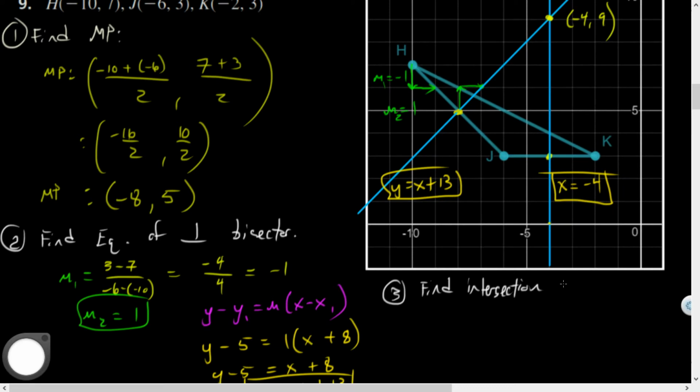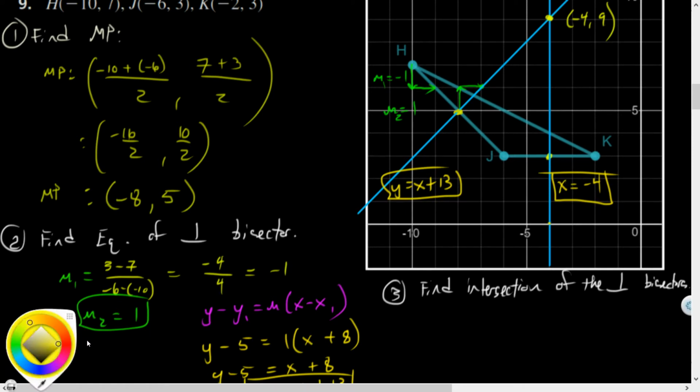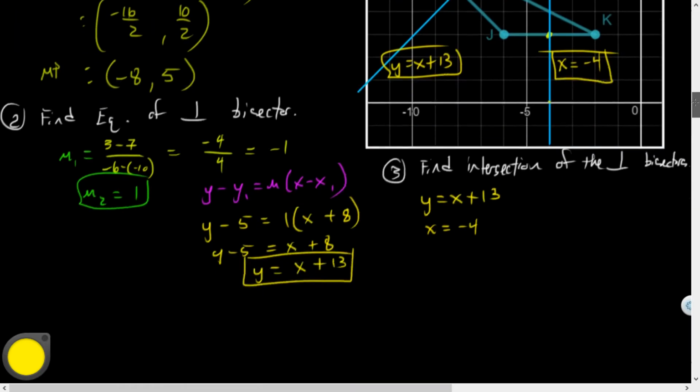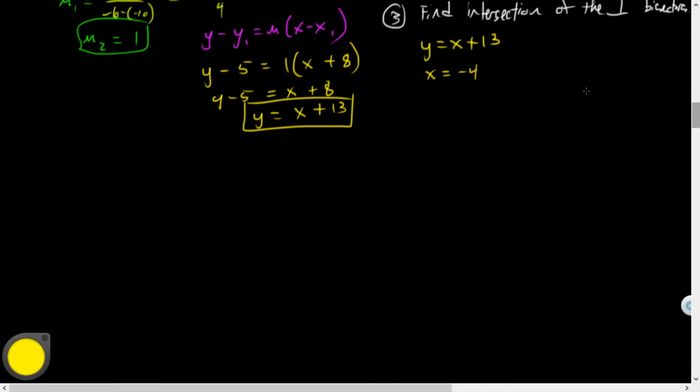So let's see, find the intersection of the perpendicular bisectors. So once I have two equations, how can I find their intersection algebraically? This is going to be a callback to your Algebra 1 class in which you would solve a system of equations. If I have y equals x plus 13 and x equals -4, how do I solve that algebraically for both x and y? Substitution is a perfectly legitimate method, or the elimination method.